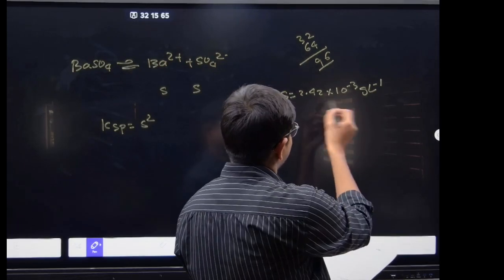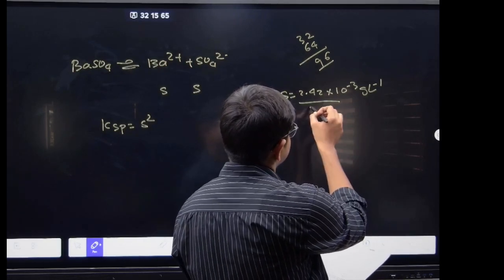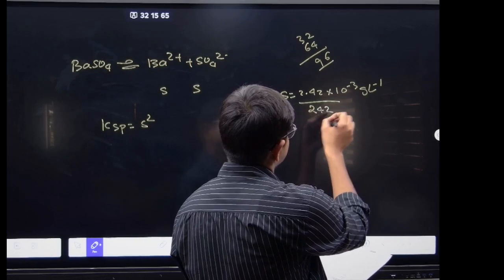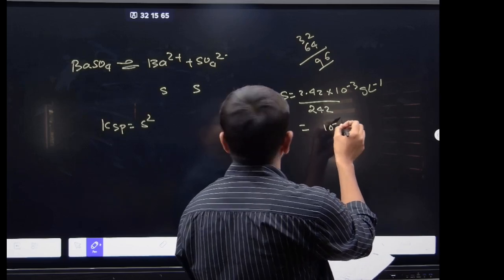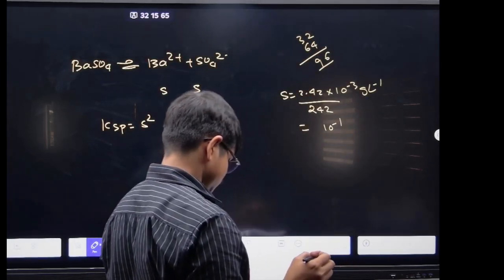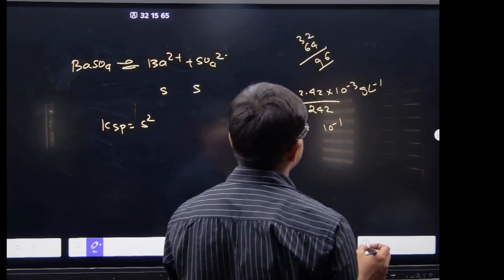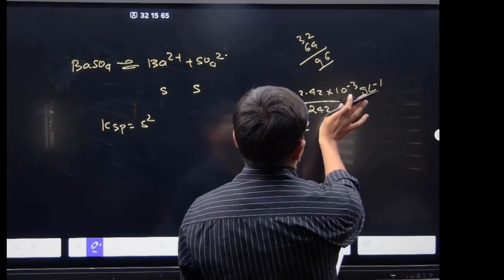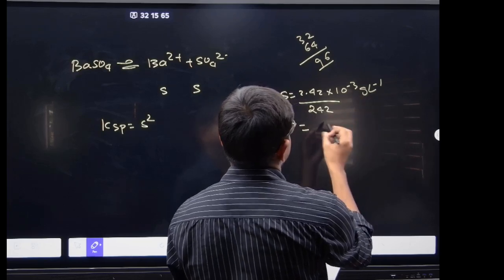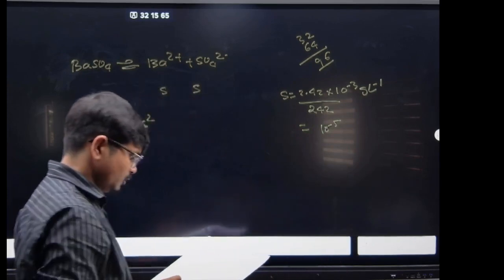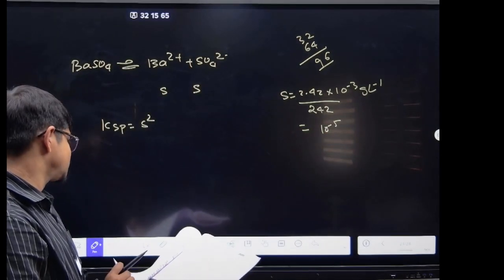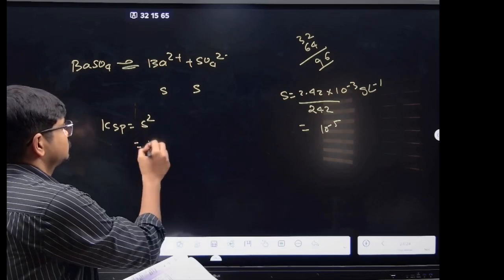So it will become something around that. So the option will be 10 to the power minus 10, right?